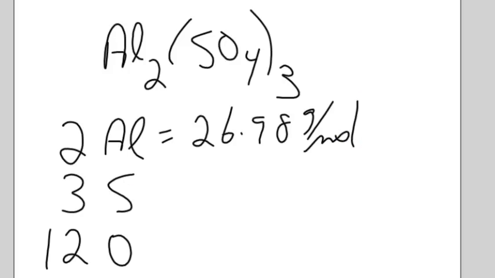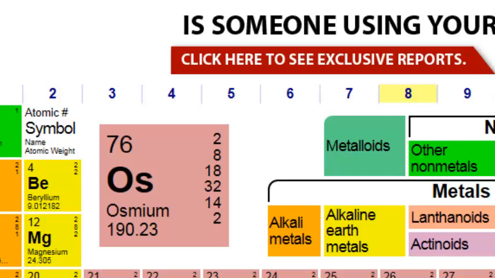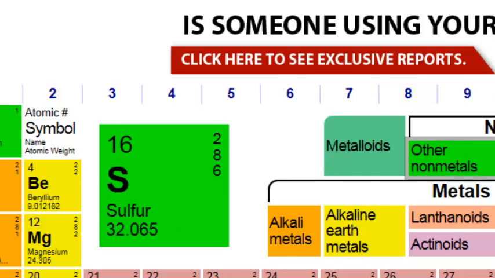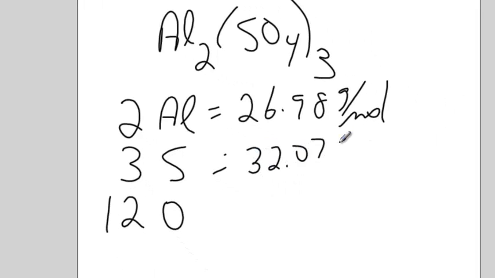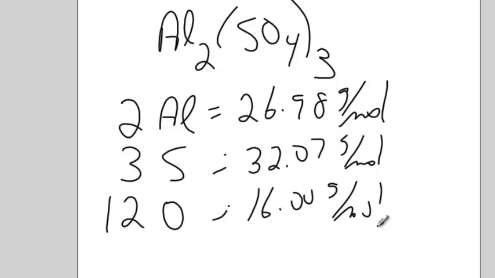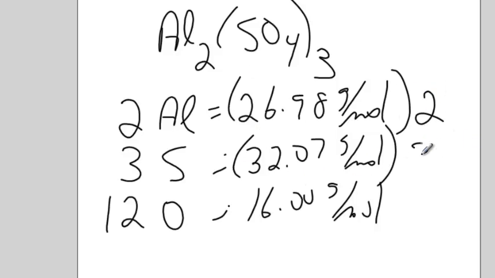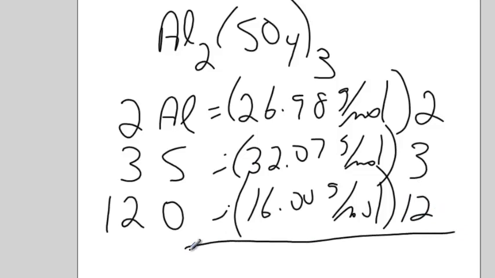Sulfur, 32.07. Oxygen is 16.00. Now we multiply. Times 2, times 3, times 12 and add those all up. And that gives me 342.17 grams per mole.